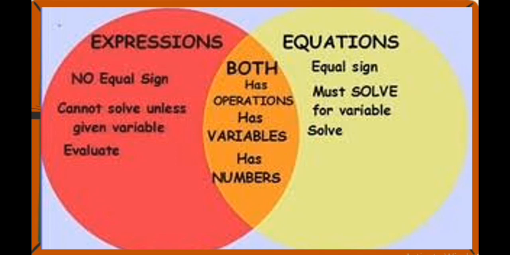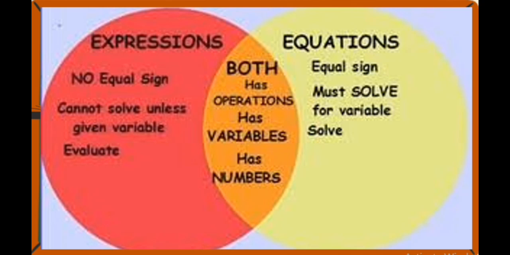Now we have this chart here. This chart shows the difference between expression and equation and the similarity between them. For an expression, there is no equal sign, and it cannot be solved unless a given variable is applied. An equation has an equality sign, and we solve for variables in an equation.